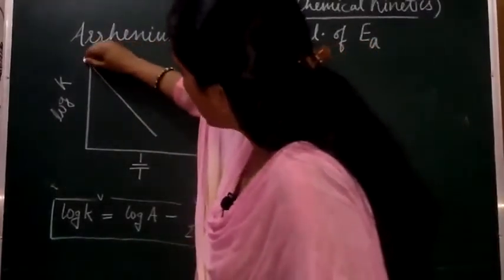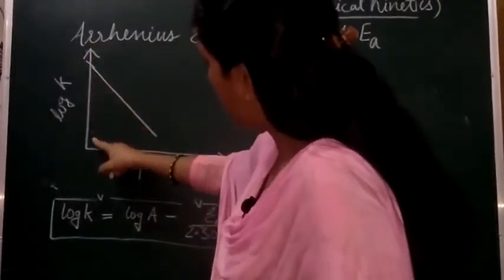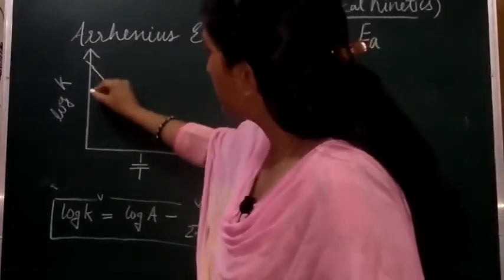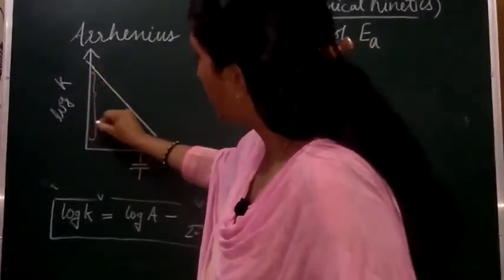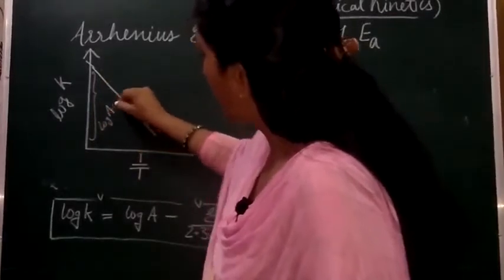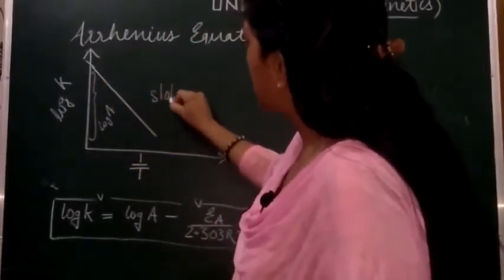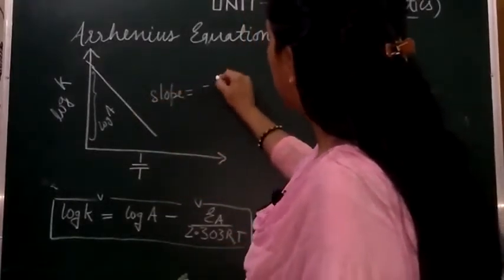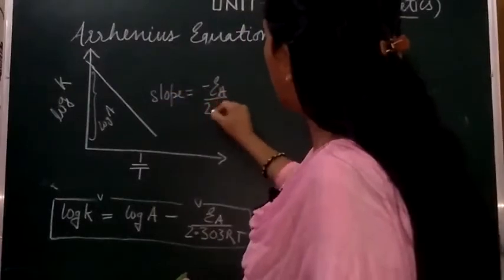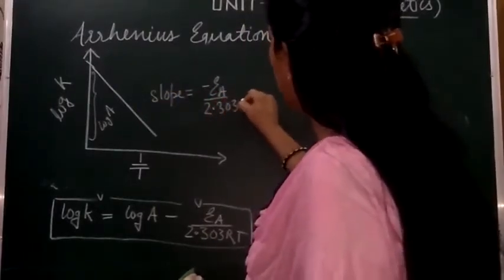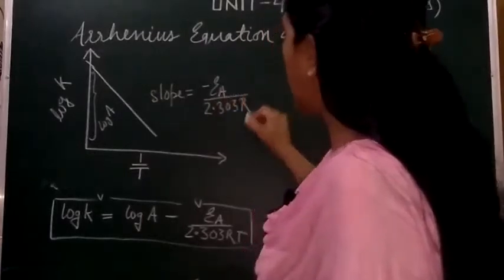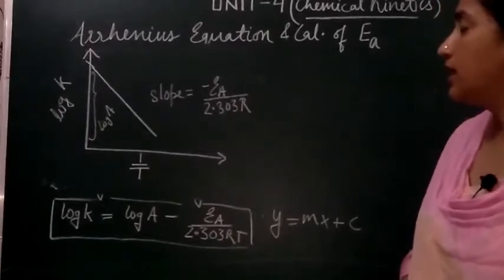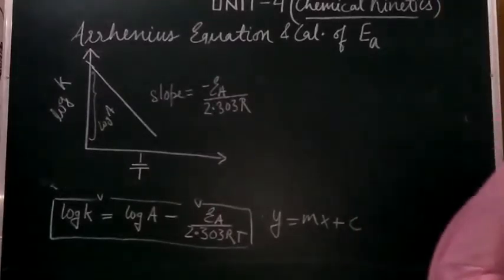So from here the intercept will give us the value of log A, and the slope of this line will give us the value of minus Ea upon 2.303 R. So the slope of this line will help us to determine the activation energy for the reaction.